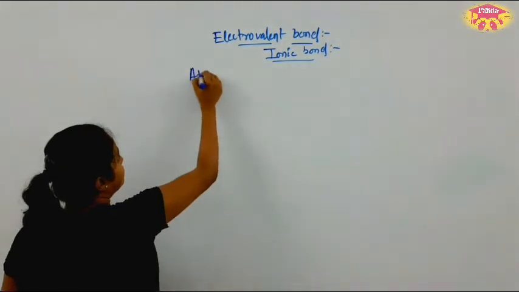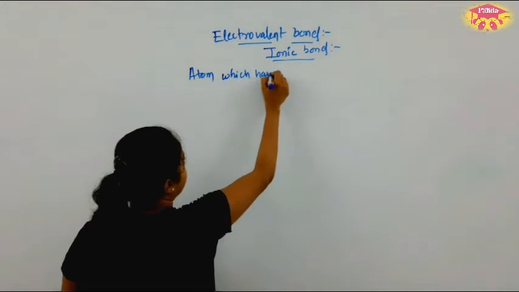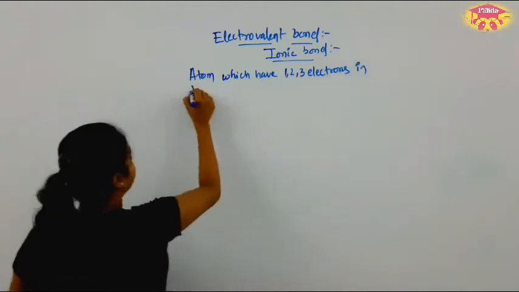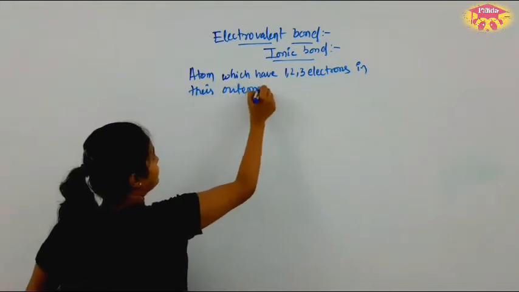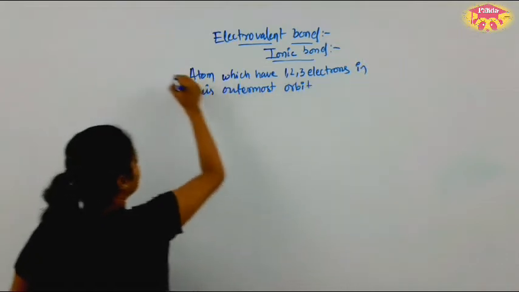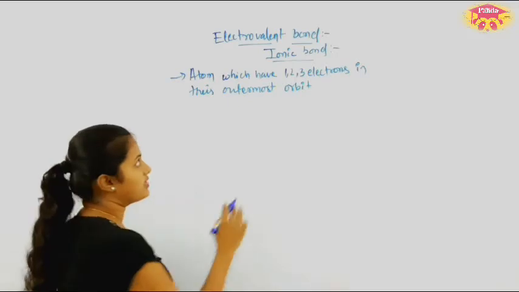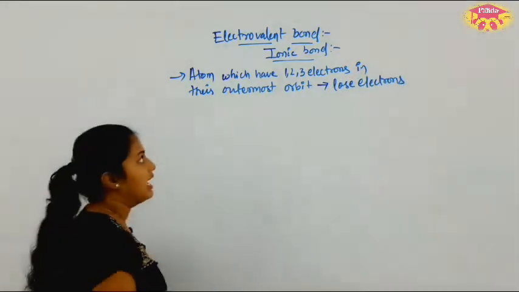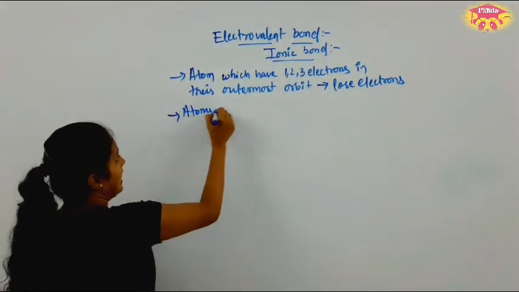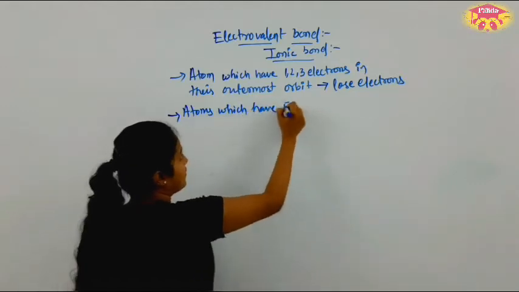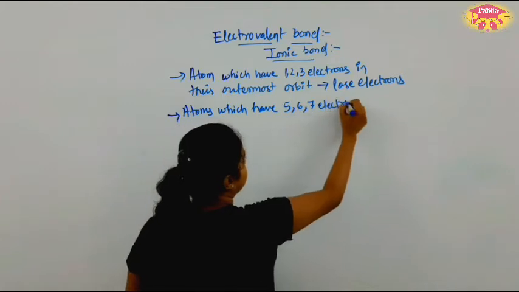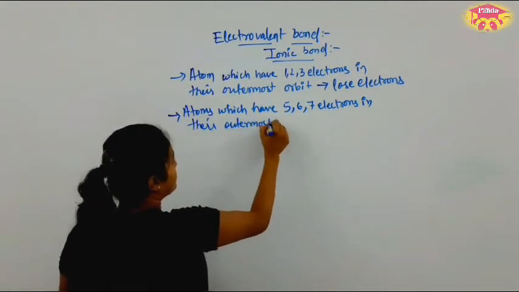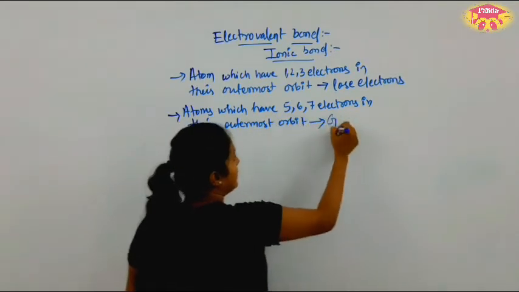The atoms which have 1, 2 or 3 electrons in their outermost orbit lose electrons, and the atoms which have 5, 6 or 7 electrons in their outermost orbit tend to gain electrons.